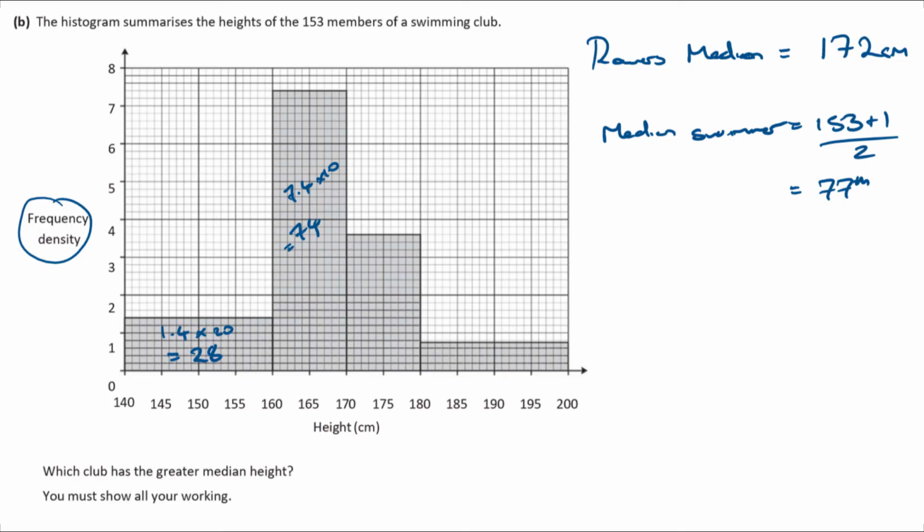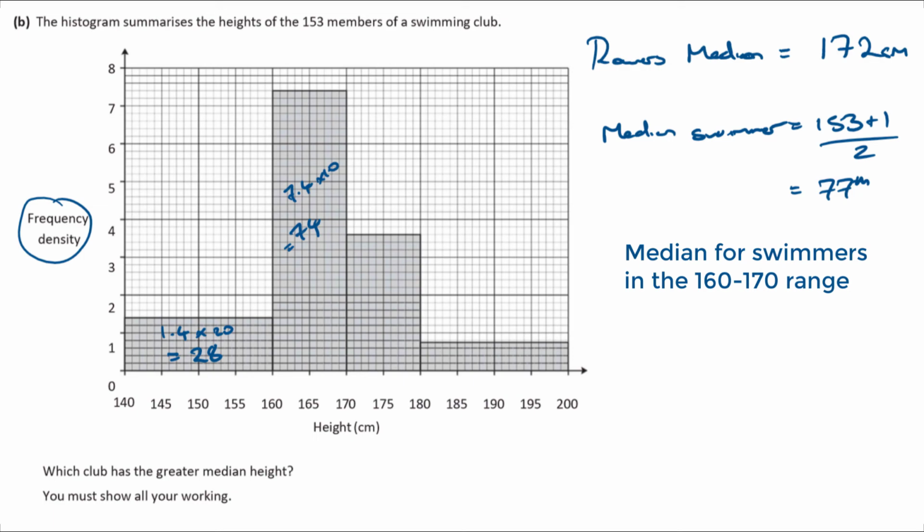Okay, so I can see already that the median swimmer must be in this big tall bar, isn't it? So if the first 28 people are in this first bar, then this middle bar starts from the 29th person and goes up to 74 plus 29. So we can say that the median for the swimmers definitely lies in the 160 to 170 range.